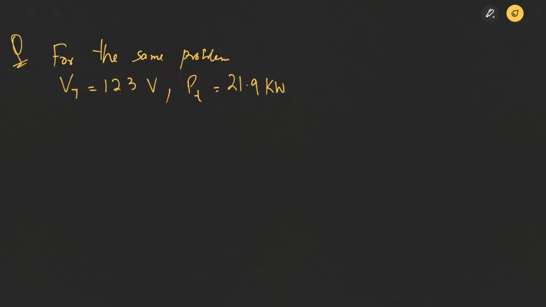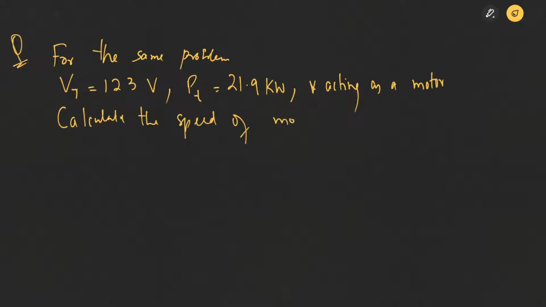For the same problem with Vt equal to 123 volts and terminal power equal to 21.9 kilowatts, acting as a motor, which is given to us in the question itself, calculate the speed of the motor.